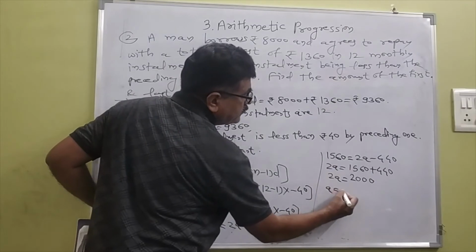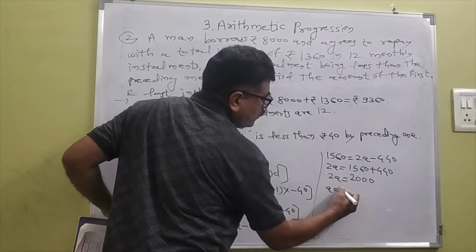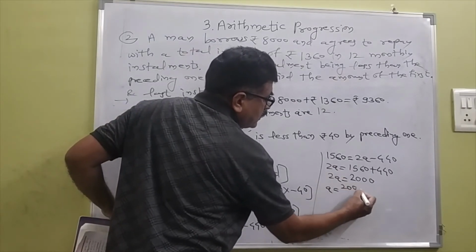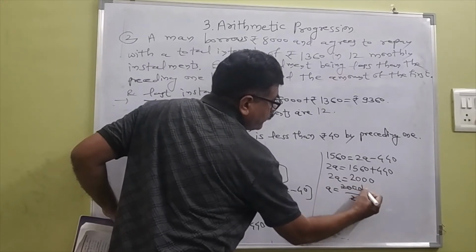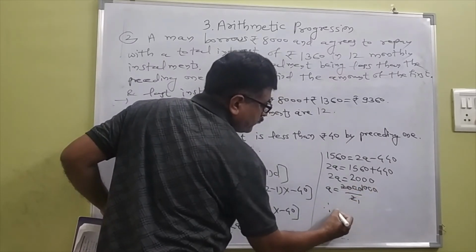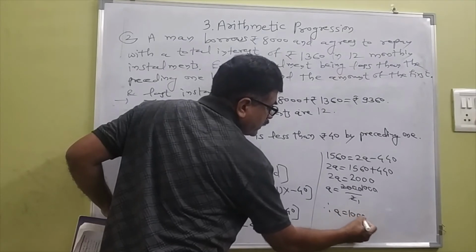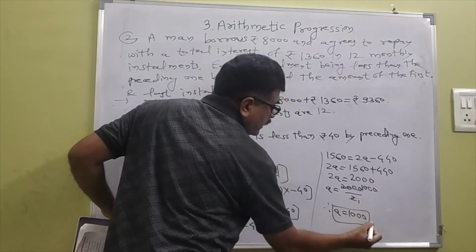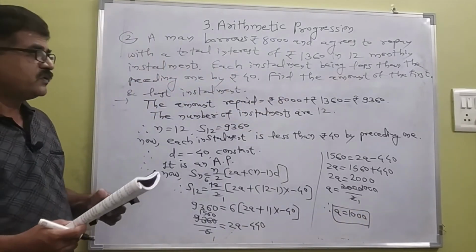Therefore a is 2000 divided by 2, that is 1000. The value of a is 1000.